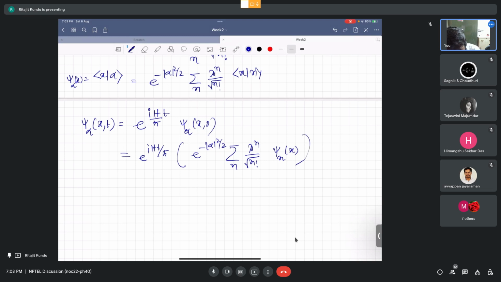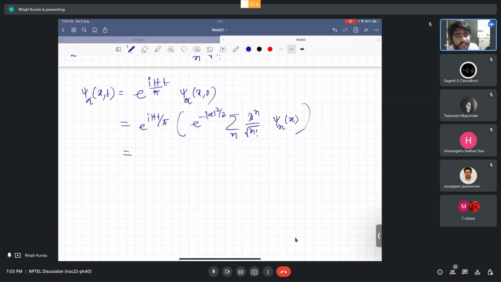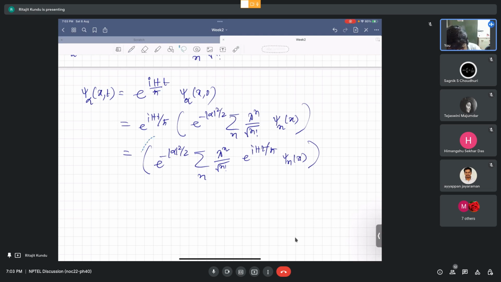The e to the power iHt, because this is a linear operator, will go through all of these numbers and directly act on the state ψ_n(x). What it will do is inject the time dependence into that state. So let me write that down.